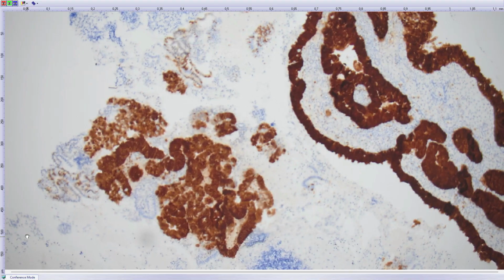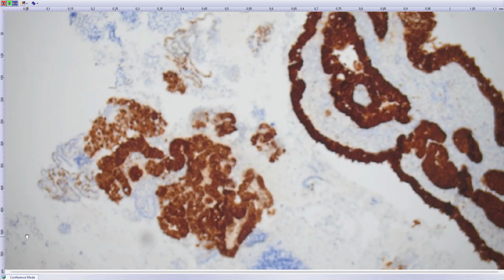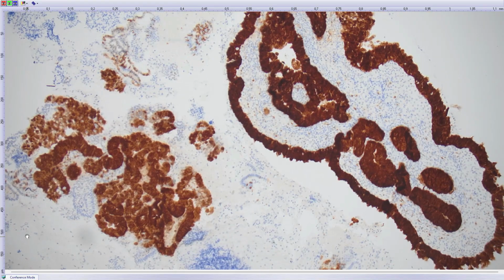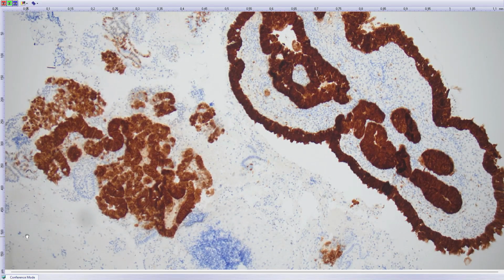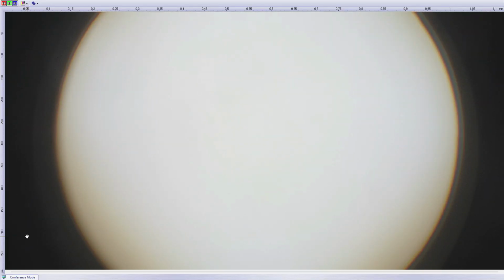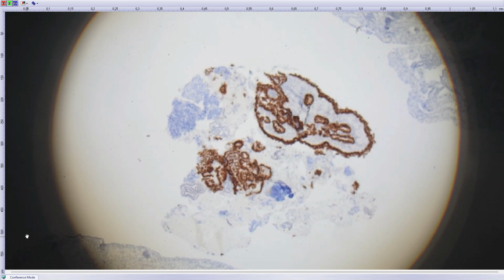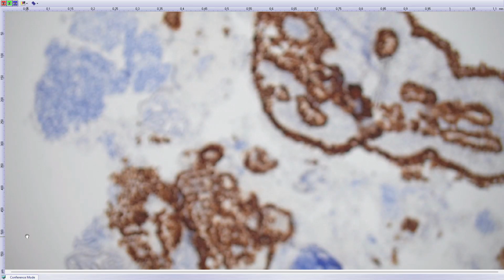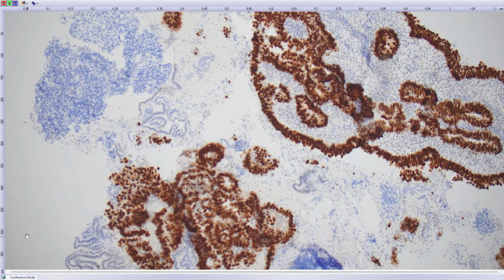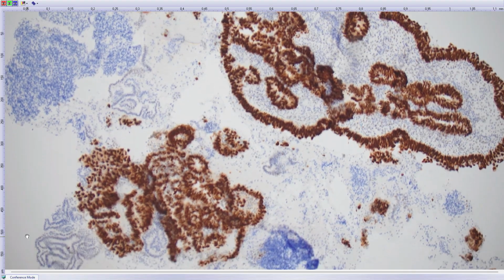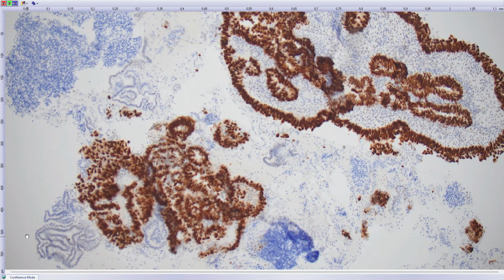P53 was also positive. It would be typically not so. I'm sorry for the focusing, but now it works. So diffuse positive for P16 together with aberrant expression of P53, which is here. So this is serous carcinoma arising in the background of atrophic type of corporal endometrial polyp.